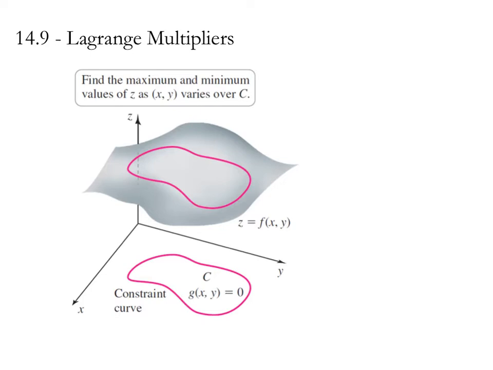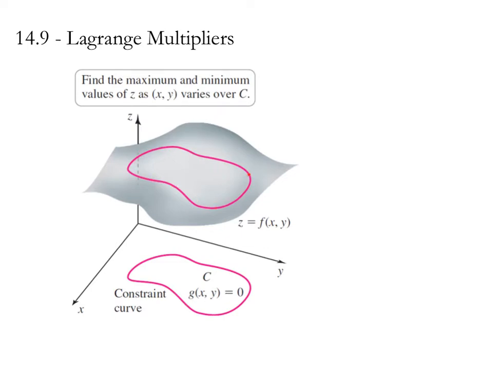So first, the theory. We're doing something similar to what we did in the last section, finding a maximum and minimum value on a function, but not just the maximum and minimum values on the function. We've got our surface z equals f of x, y, that's this gray surface here. We're not just trying to maximize or minimize that function. We're looking at a specific curve c on that function.